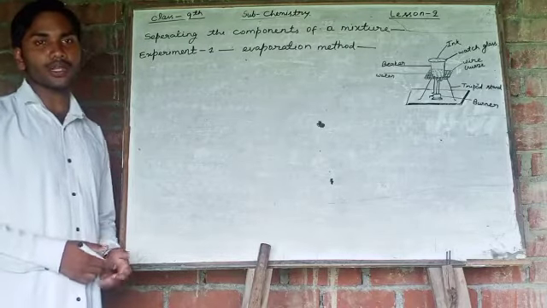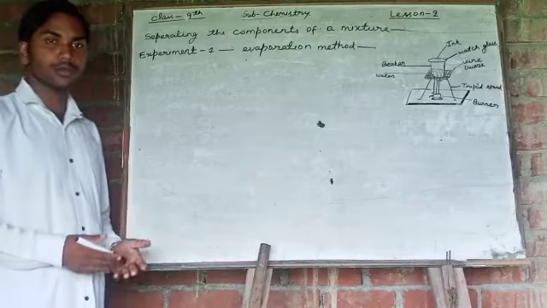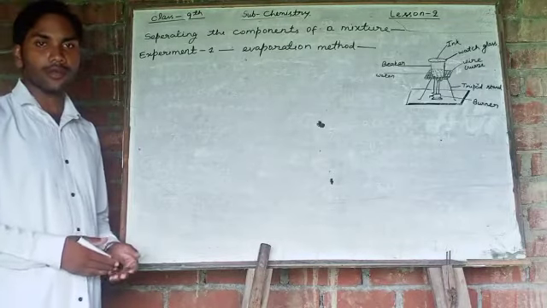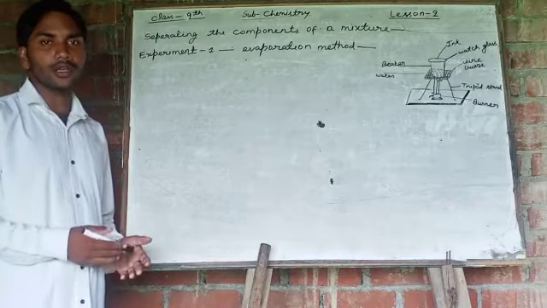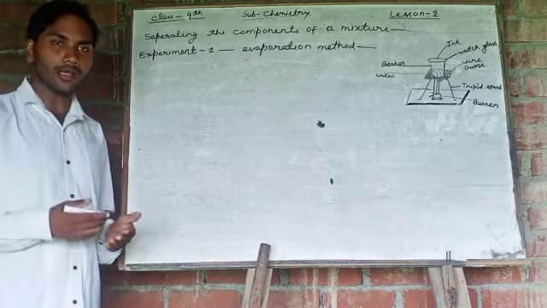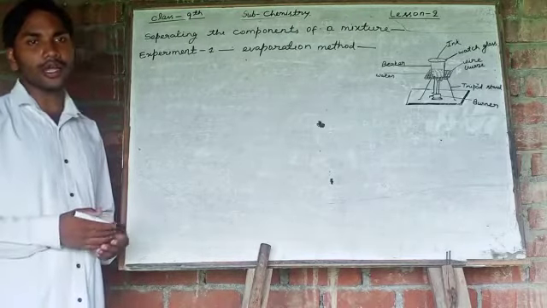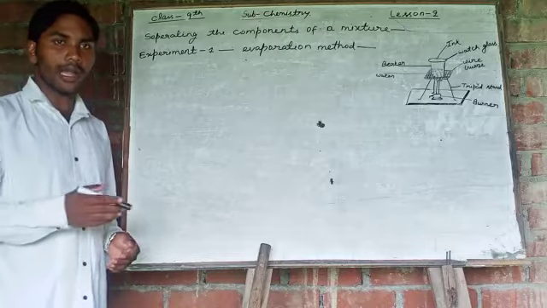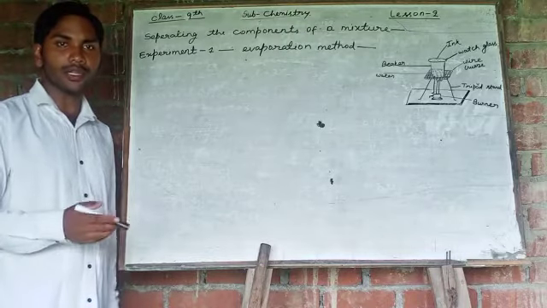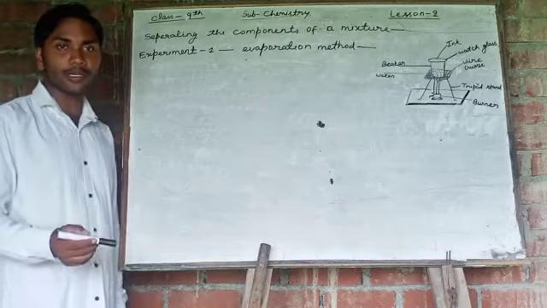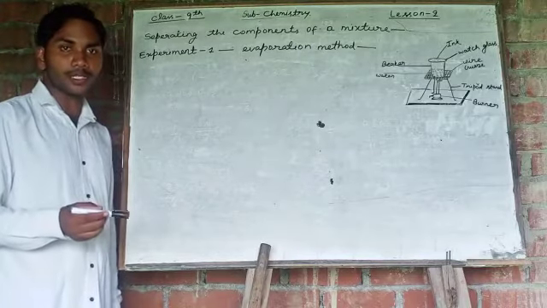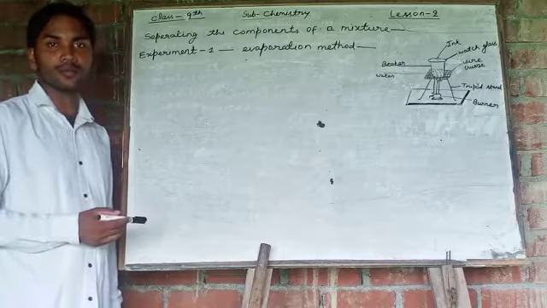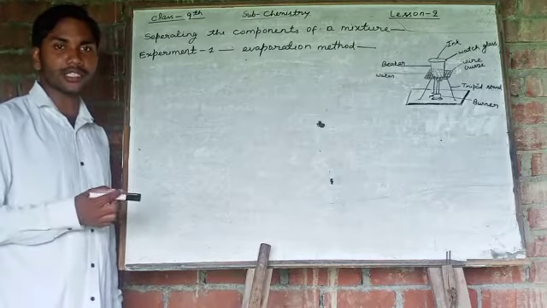Some are very simple, like hand picking, filtration, and sieving, which I can surely tell you that you have seen in your homes. Hand picking, as we know, is how pebbles are removed from dal and rice.